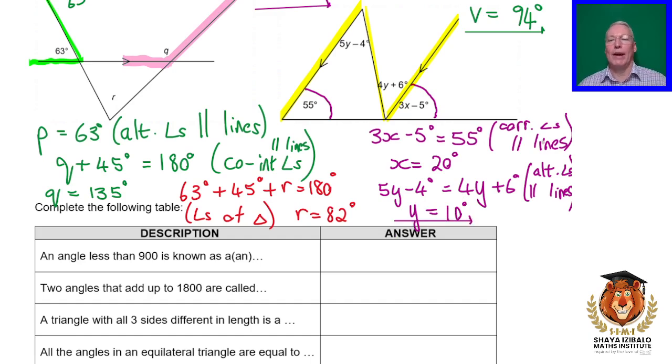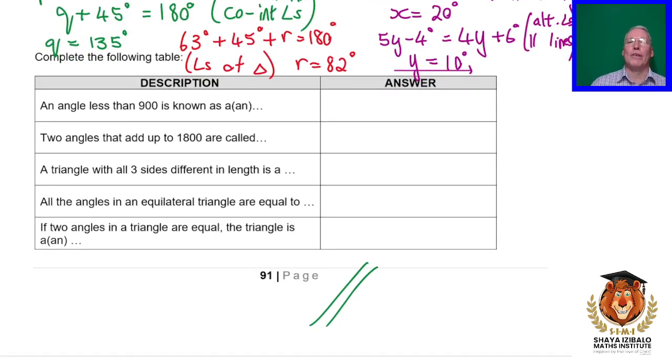Okay. All right. Let's just close this out. Any angle less than, now these should be degree signs. I'm sorry about that. Any angle less than 90 degrees is known as an acute angle. Two angles that add to 180 degrees are called supplementary.